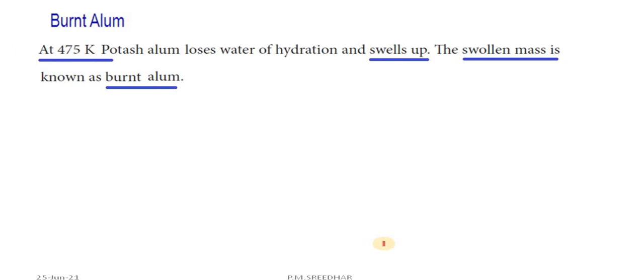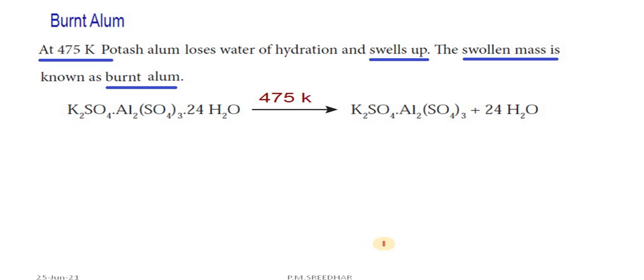Next is burnt alum. What is burnt alum? At 475 Kelvin, potash alum loses water of hydration and swells up. The swollen mass is known as burnt alum. What is the equation? Potash alum at 475 Kelvin loses water of crystallization to give burnt alum.